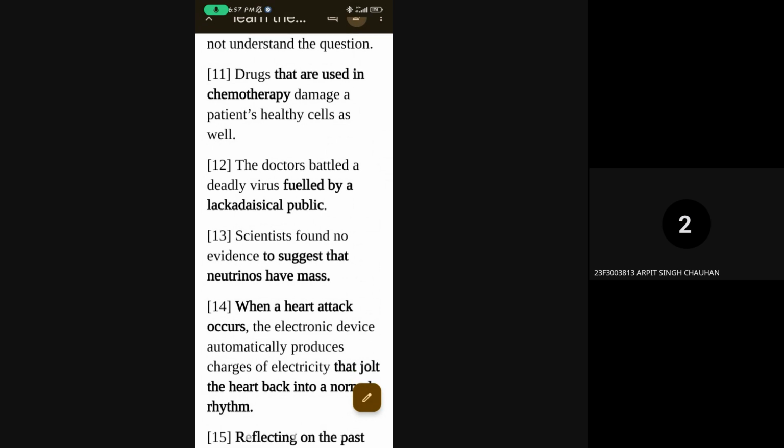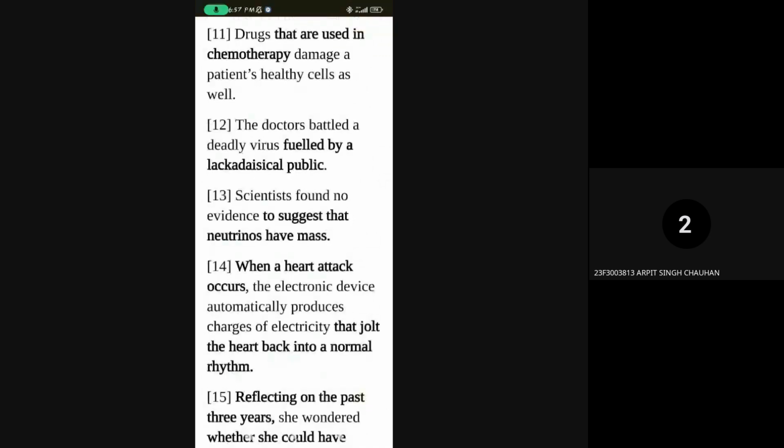13th one. Scientists found no evidence to suggest that neutrinos have mass. So this is a case of an embedded clause.